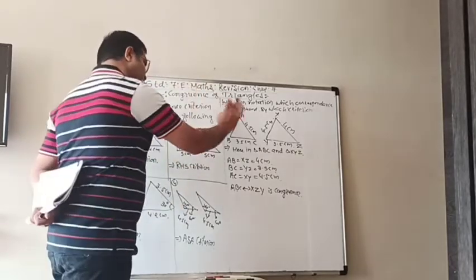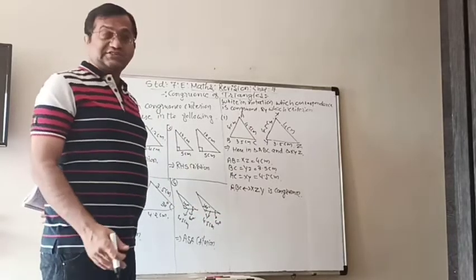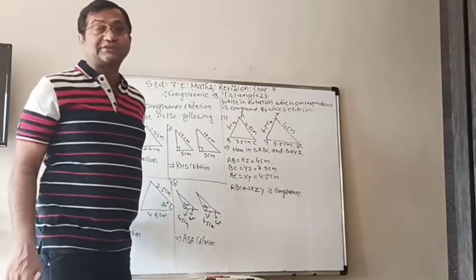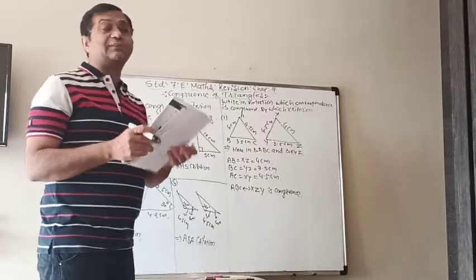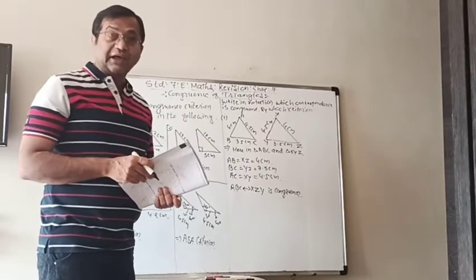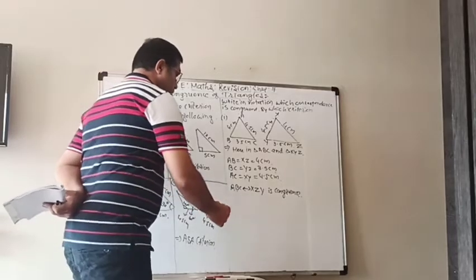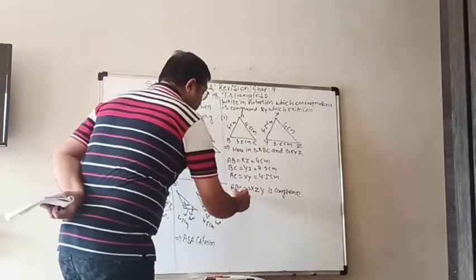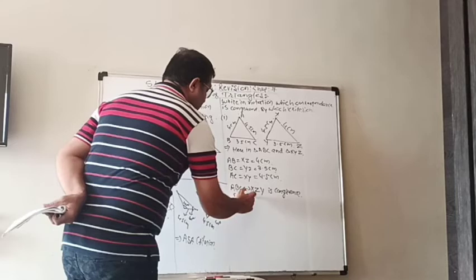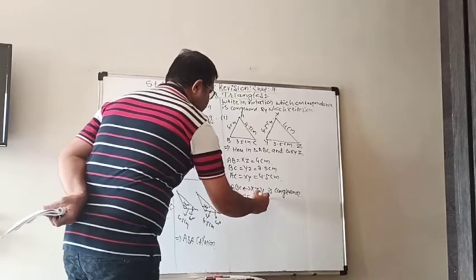Here the figure is already given, but sometimes only measurements will be given. That time it will be difficult for you. So be careful. And therefore, by which rule? By SSS criteria.